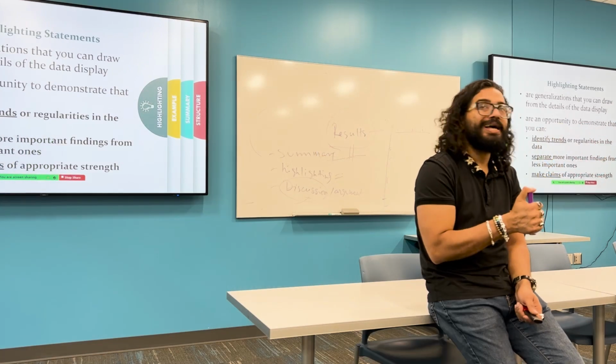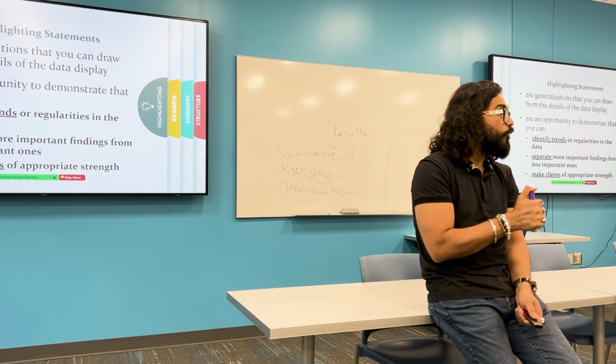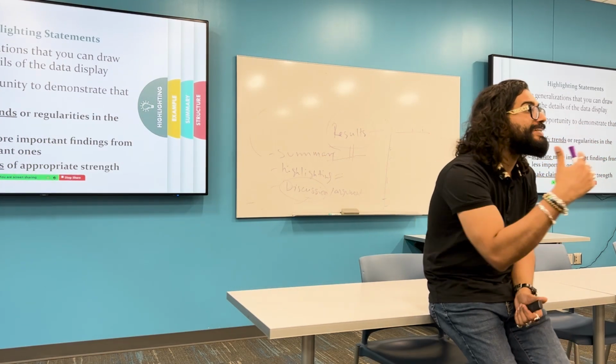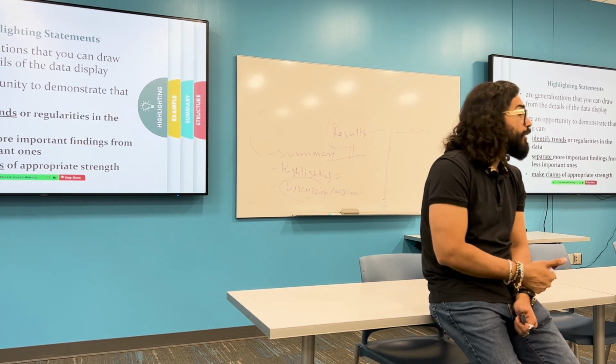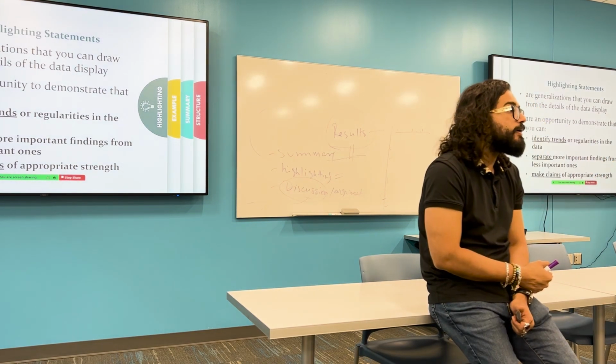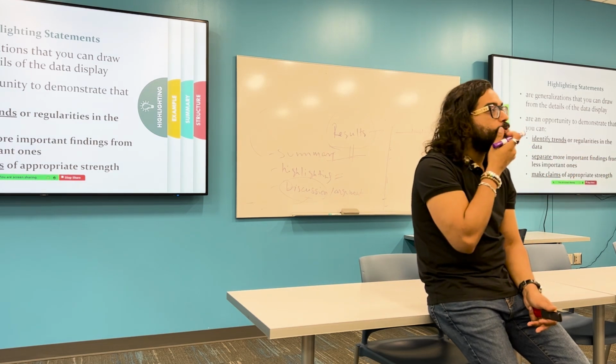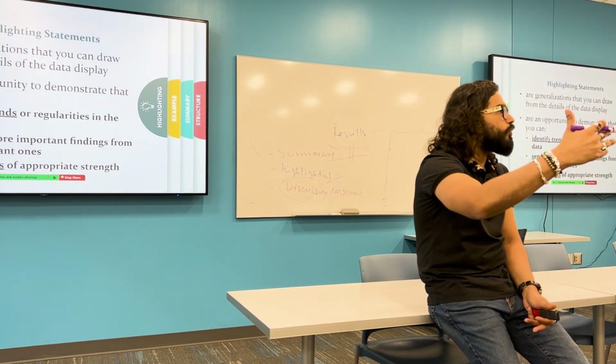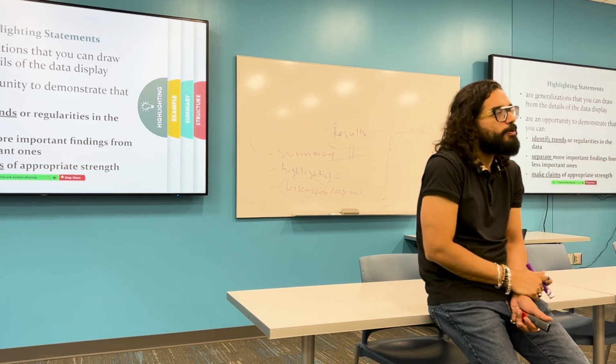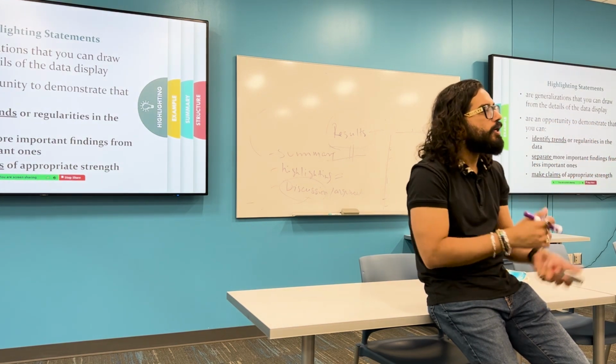First of all, you can identify trends or regularities. You don't point out every data. That's what we have been talking about even yesterday, while talking about the method section, how to make that balance. To what extent should I provide, what would seem perfect, or what would be too long?